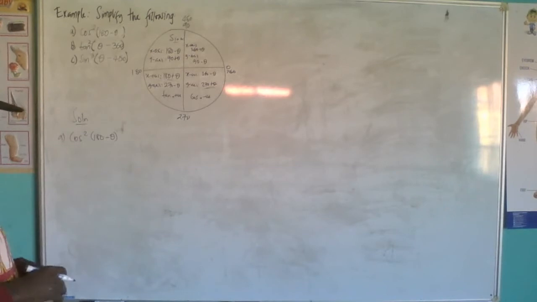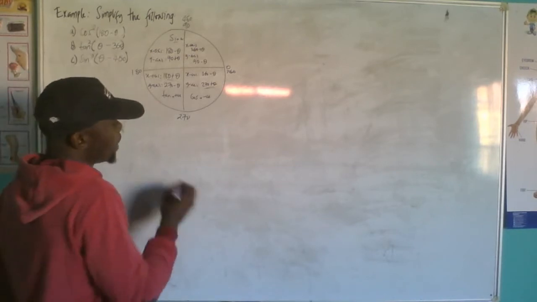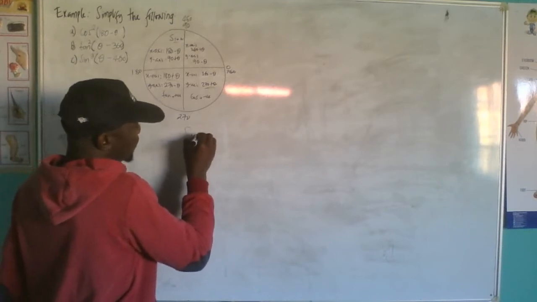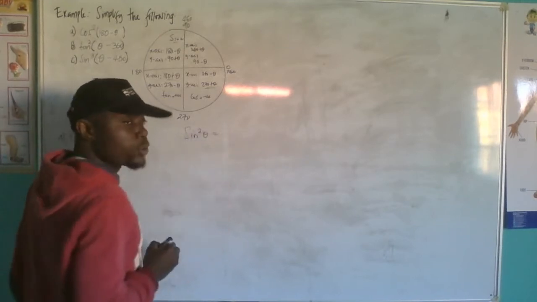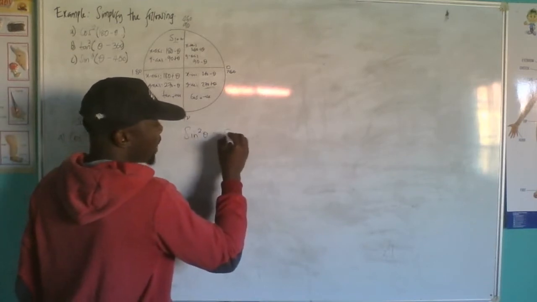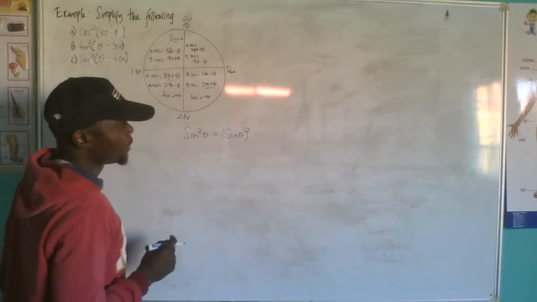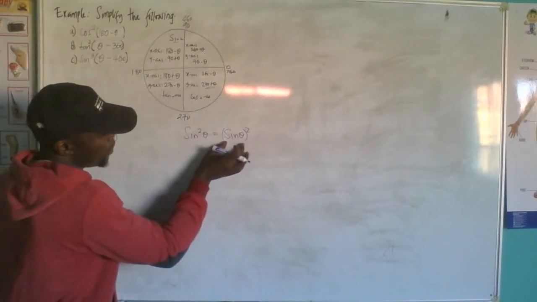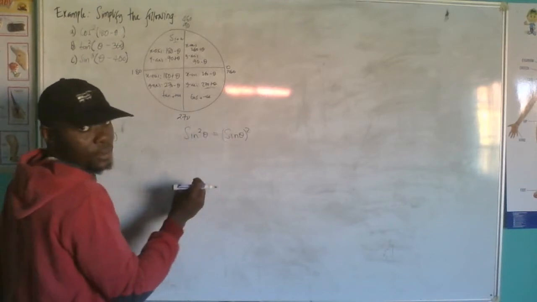Now, if I solve everything, there are some facts that we have to look at. Look at this. If I have sine squared theta, this can also be expressed as sine theta all squared. So in other words, I put the whole trig function inside this bracket, then I square the whole thing.